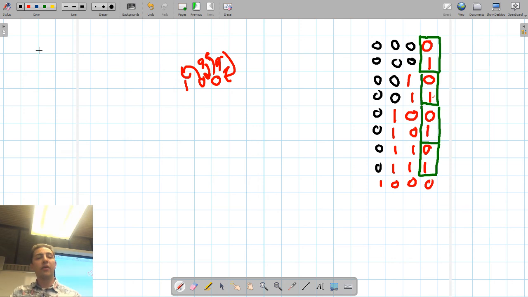So let's look at the next highest place. Here, it's 2 zeros, 2 ones. 2 zeros, 2 ones. In the next row, 4 zeros, 4 ones. If we were to continue on, it would also do 4 zeros, 4 ones over and over again.